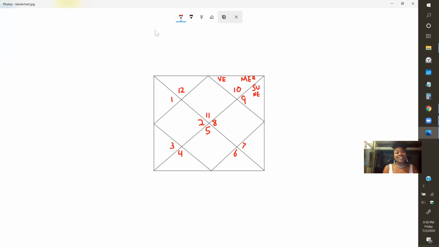Nah, but y'all just please have patience with me. No, that's an S. Okay, everything is gonna be just fine. Okay, this is the sun and this is Neptune. It is not easy writing with this. And then I have Ketu, which is the south node of the moon, in my 11th house natally.